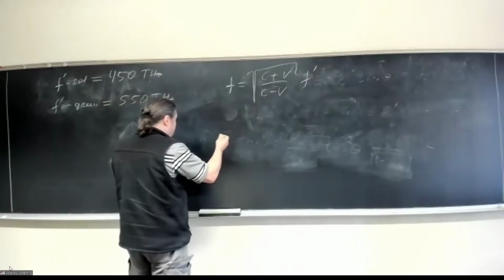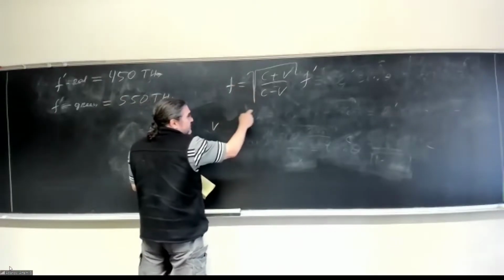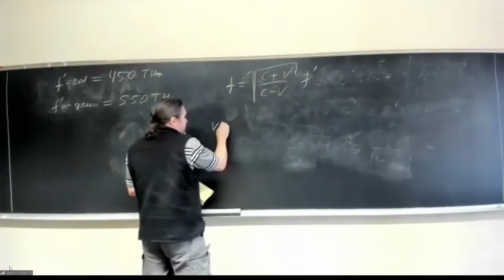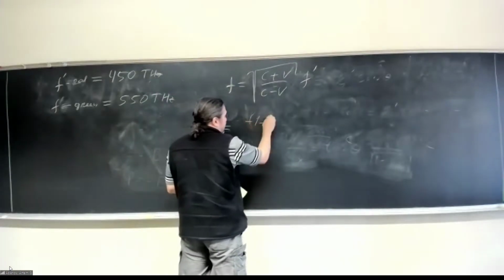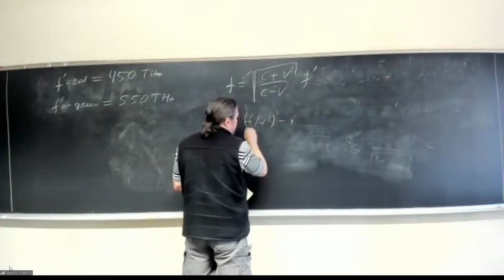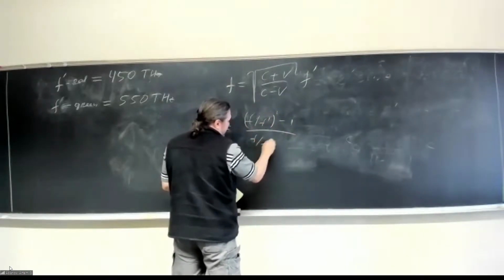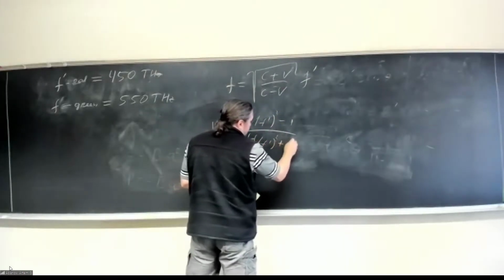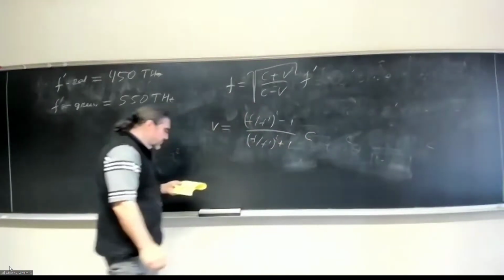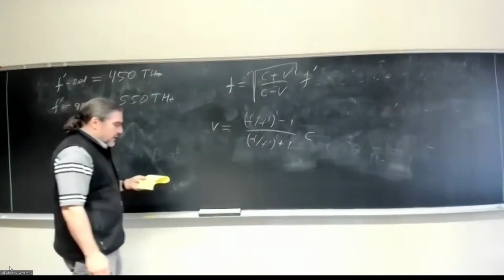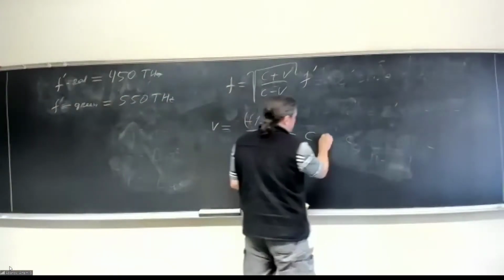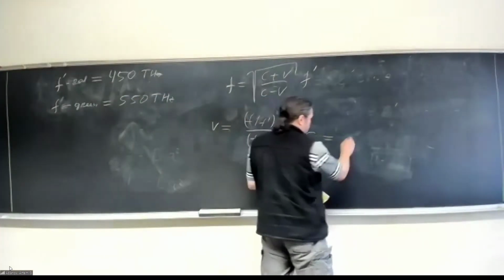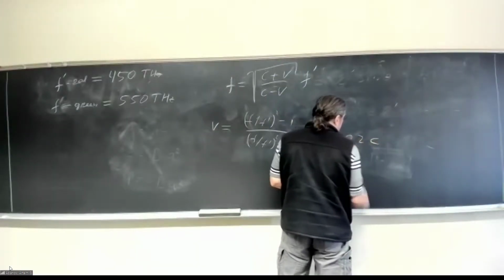If you invert this formula and solve it with respect to velocity, you find that v equals (f over f prime squared minus 1) divided by (f over f prime squared plus 1) times the speed of light. You substitute the frequencies, and you find this is 0.2 speed of light.